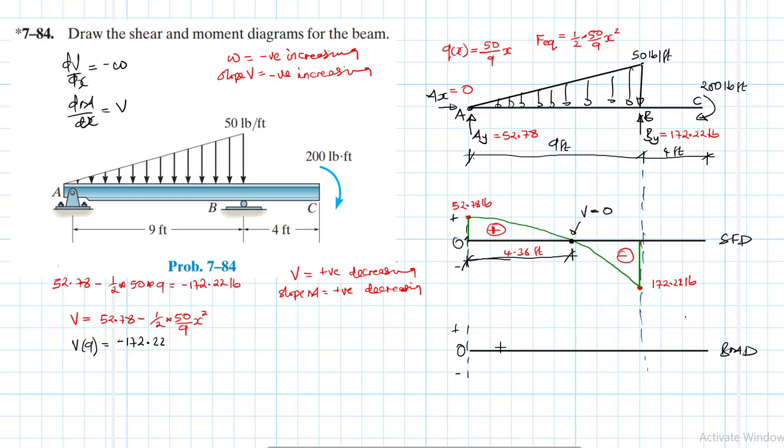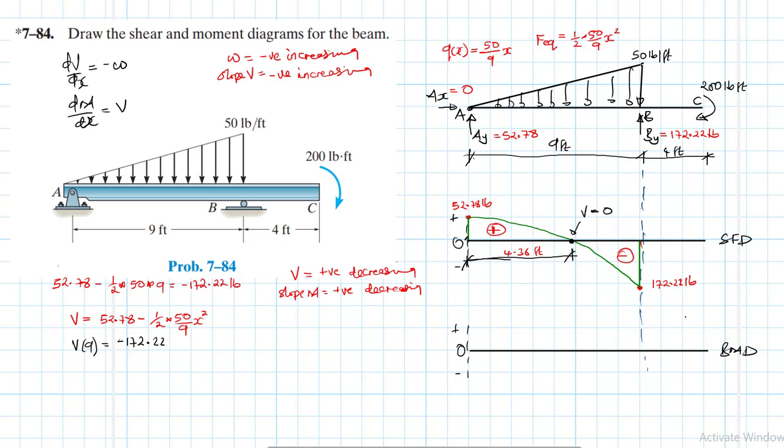At A, you don't expect any moment because this hinge does not resist moment and does not transfer any moment, therefore we don't expect any moment at A. The moment is going to be 0.